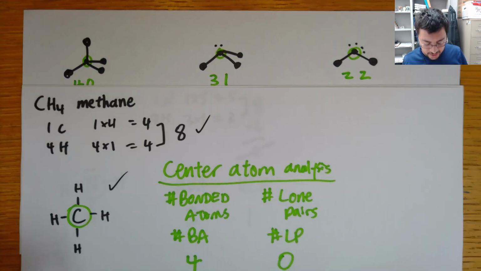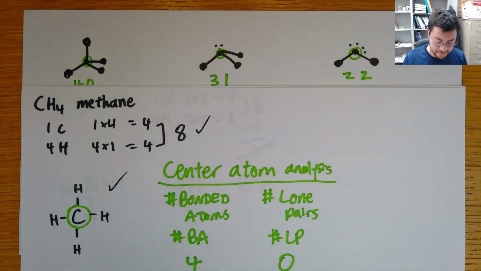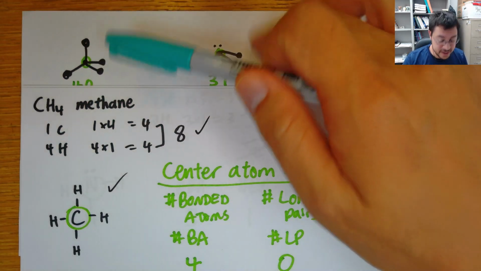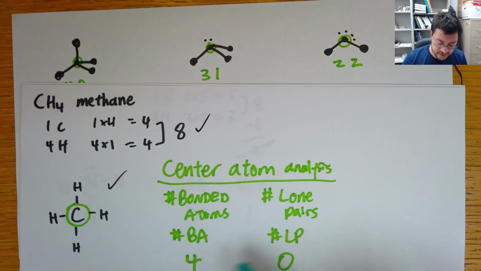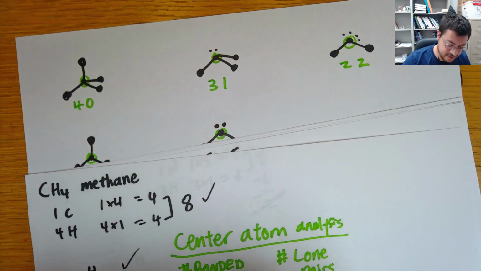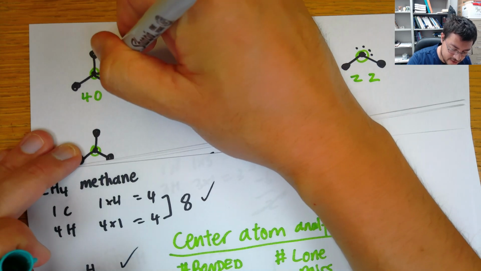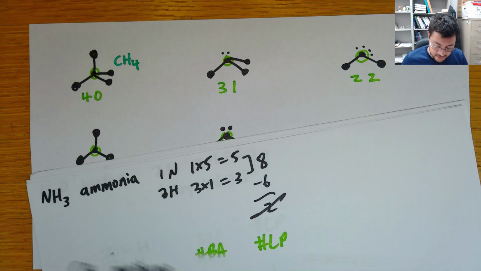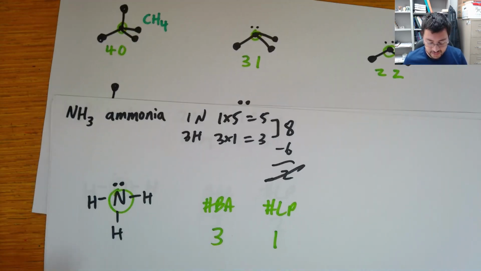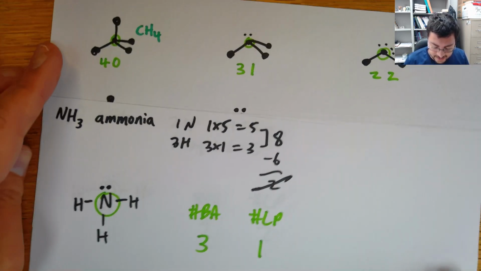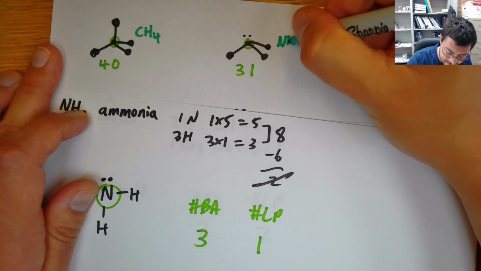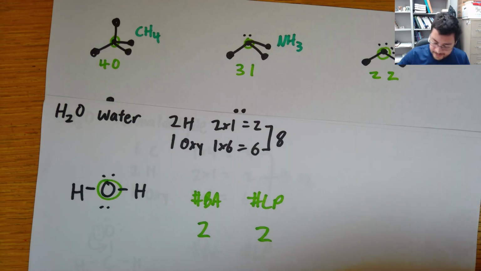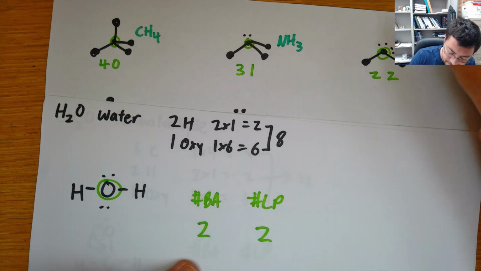All right, so let me show you how I went about this. I'll use this teal turquoise color here. So methane, we saw was a 4-0 structure. So I'm gonna write methane right here, CH4. All right, ammonia we saw was a 3-1. NH3. Water, a 2-2.